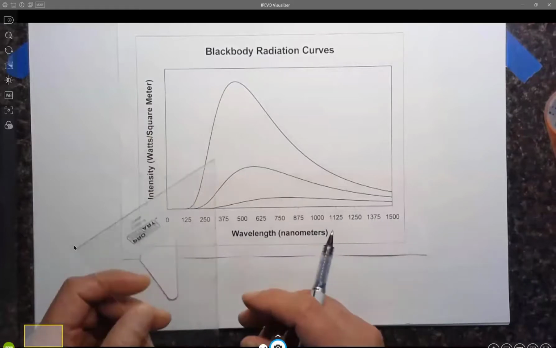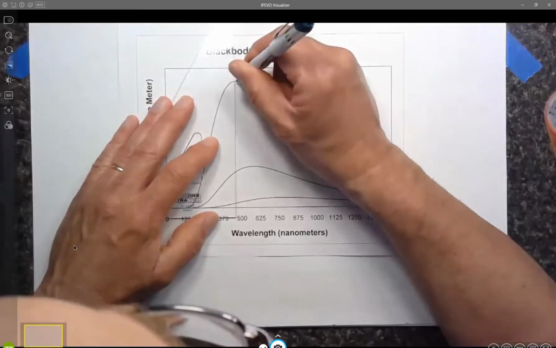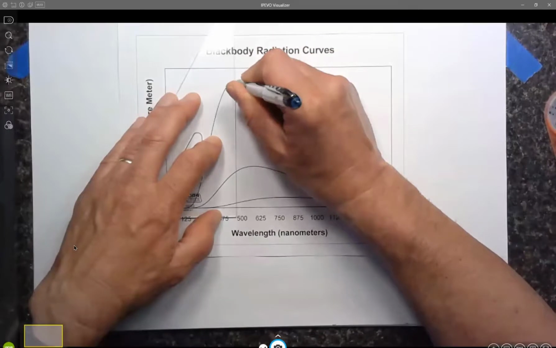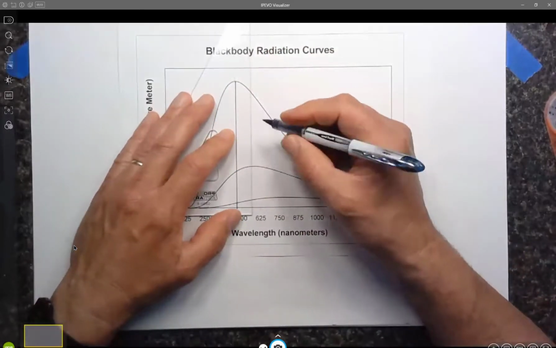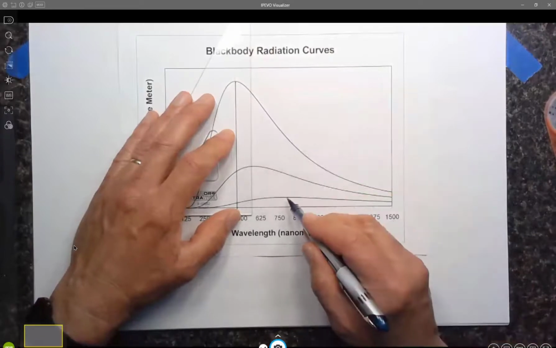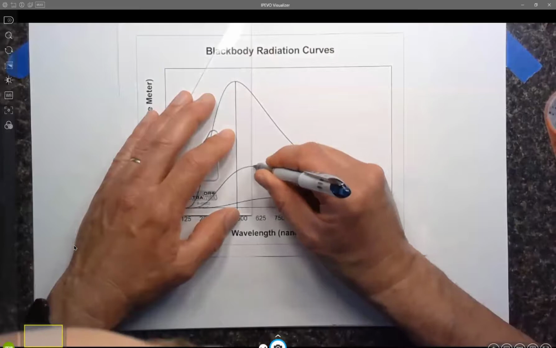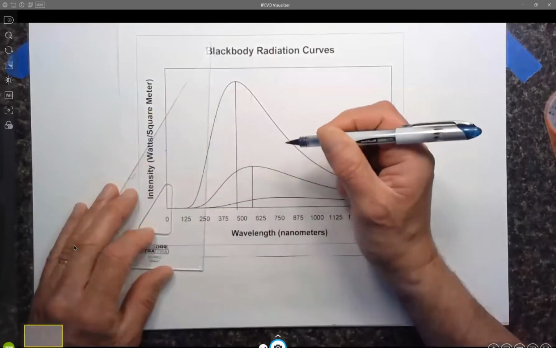And what I'll do is I'll find what appears to be the peak on here. Drop a line down, and it's going to be a little tough on the lowest curve because it's hard to say where the peak is. It looks to me like the peak of the middle object or the middle line is about there.